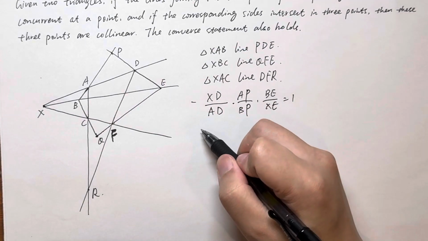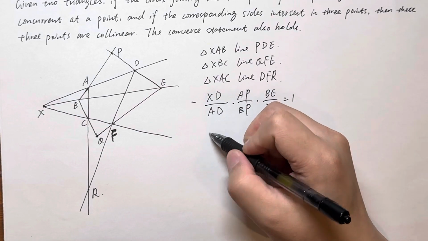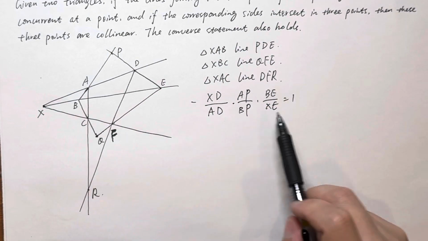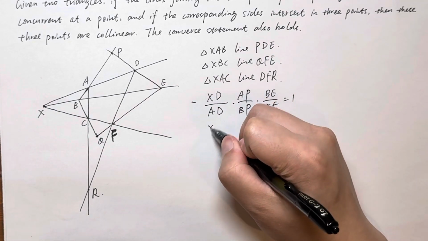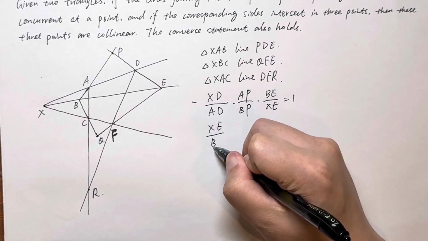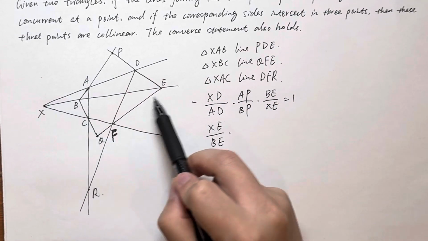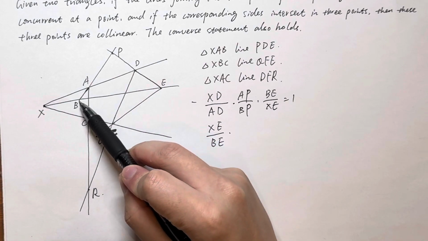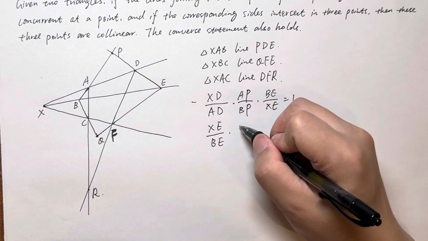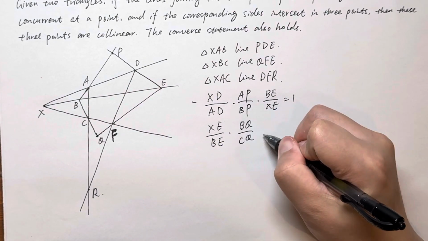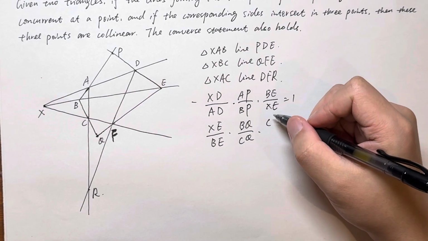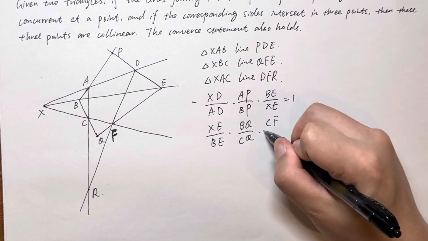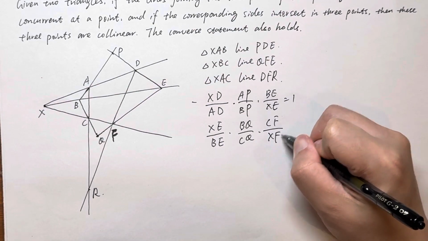And for the second one, because we want this XE to BE to cancel, we use XE first. XE to BE times BQ to CQ times CF to XF equals 1.